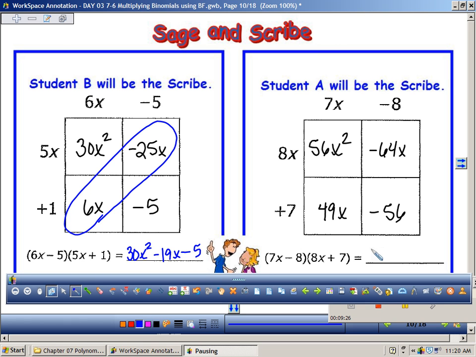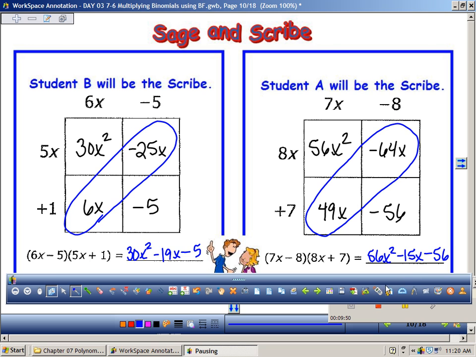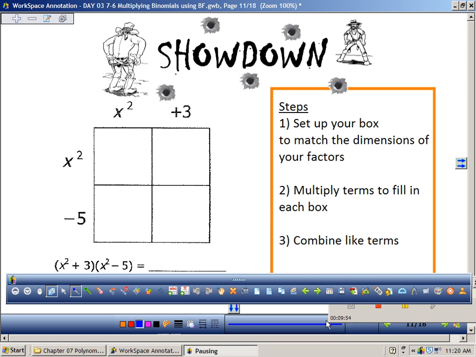All right, what am I going to combine? Fantastic. And what are my totals? Minus 56. Everybody agree with that? 56x squared minus 15x minus 56? Thumbs up? Yeah? All right. Awesome. Good job, guys.